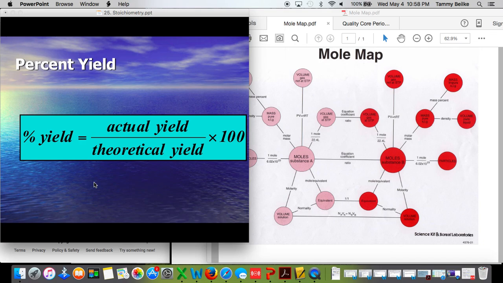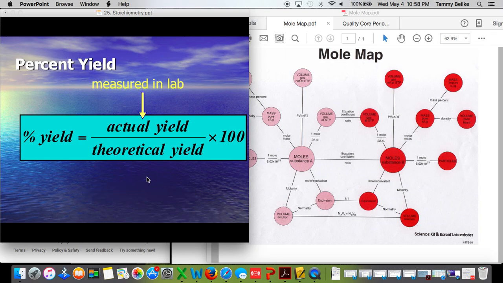Well, this is going to apply now to a reaction in which you take the actual yield of something that you made and compare it to the theoretical yield, which was calculated by stoichiometry. So the actual yield is what you measure out in the lab, and the theoretical yield is what you calculate on paper to be the mass that you will get.